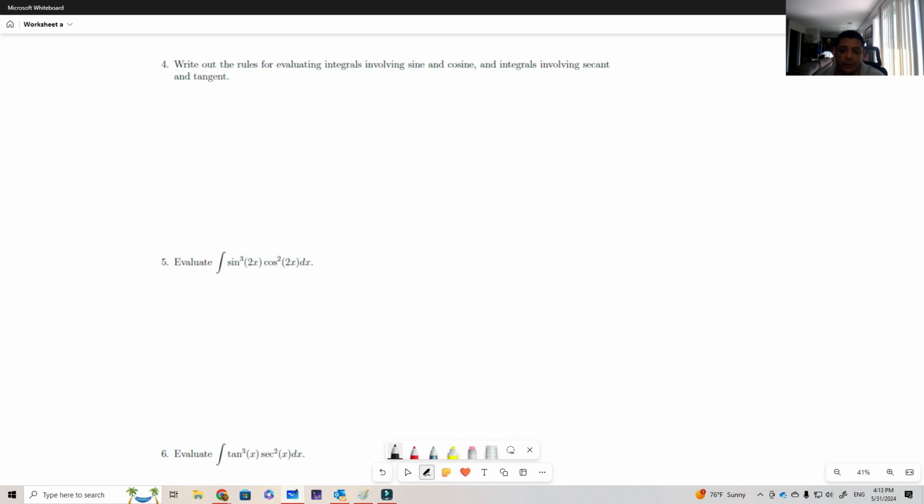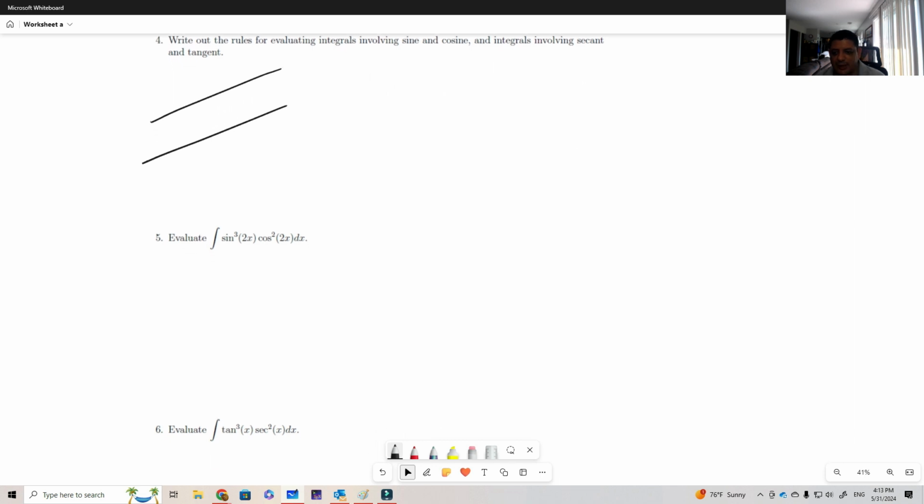And what you do is you always leave one sine or one cosine to the side, depending on the substitution that you want to make, or one secant times tangent or secant squared, depending on what you want to do. So instead of writing this, which you can review in the particular section, let me just showcase that with integrals 5 and 6.